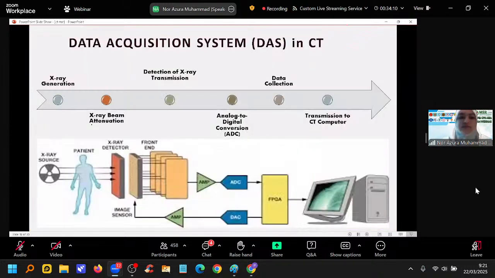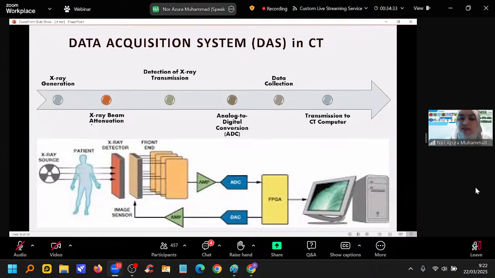All right. The data acquisition system in CT is like the scanner's translator, where it turns X-ray signals into data that the computer can understand. When X-rays pass through the body, they hit the detector that generates tiny electrical signals.